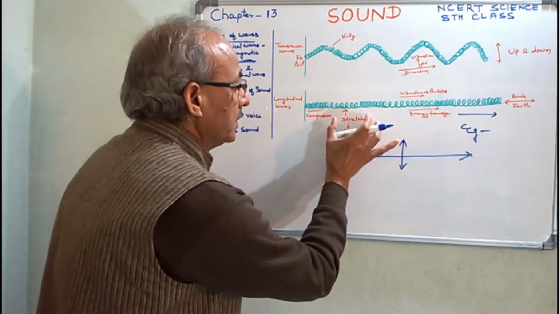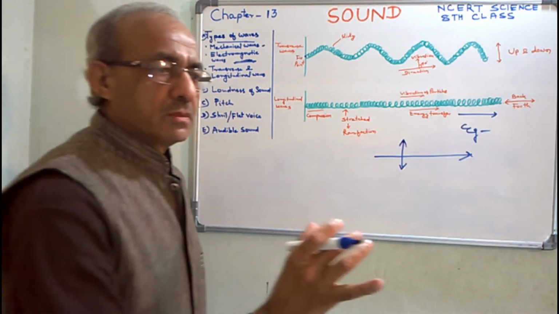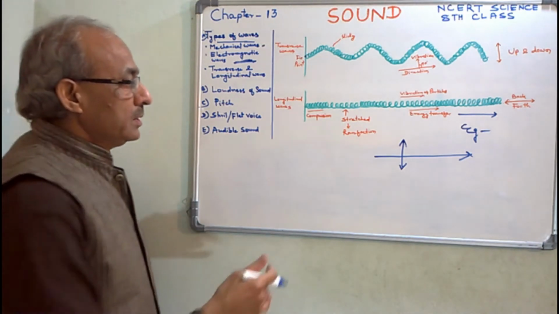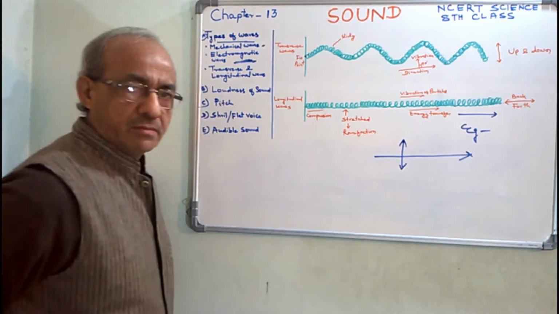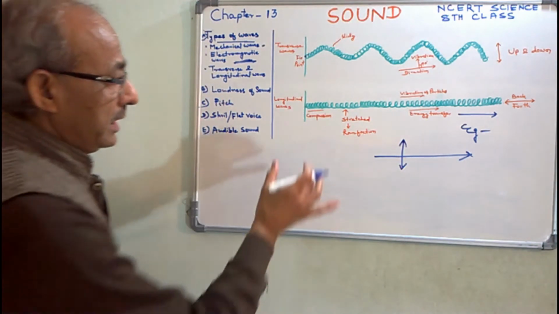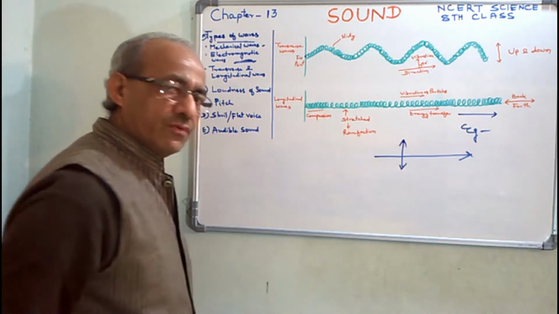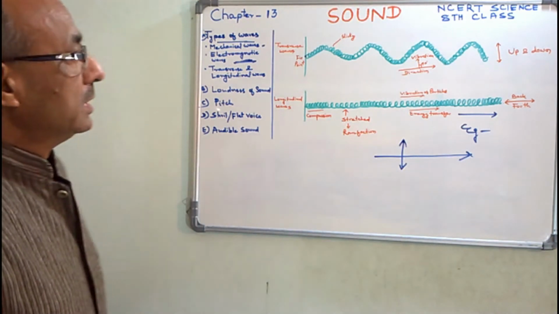After that, some stretched regions of the waves are produced successively, alternately. Here the stretched region is called rarefaction, and this is the compressed region. This is the stretched or rarefaction region. These are the properties of longitudinal waves.